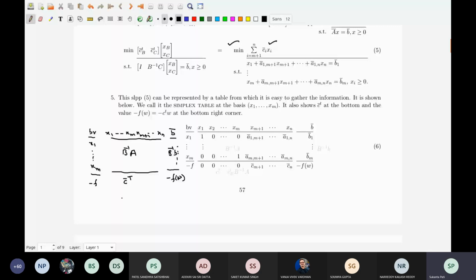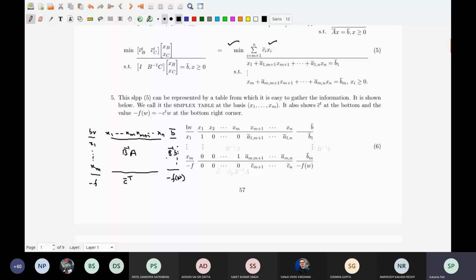It means the revised problem. It is saying you are about to minimize C bar transpose X subject to B inverse A X equal to B inverse b, which is written over here, X greater than or equal to 0. This is giving the information about the revised problem.